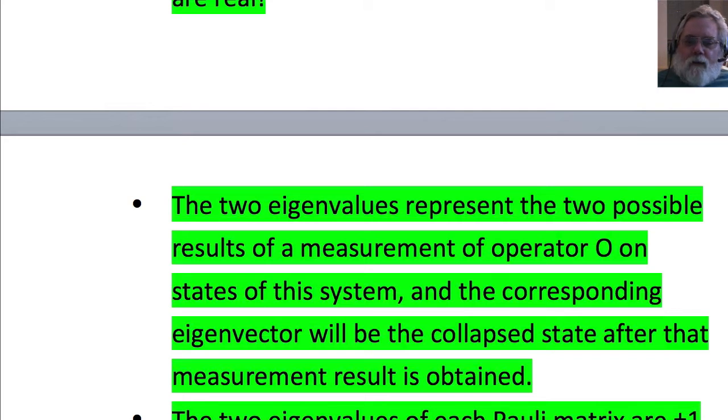When we do a measurement on this system, if we get the first eigenvalue, lambda plus, then we will end up collapsing to the state, the eigenvector associated with lambda plus. If the measurement produced the eigenvalue lambda minus, then we will have collapsed to the state of the eigenvector for lambda minus.